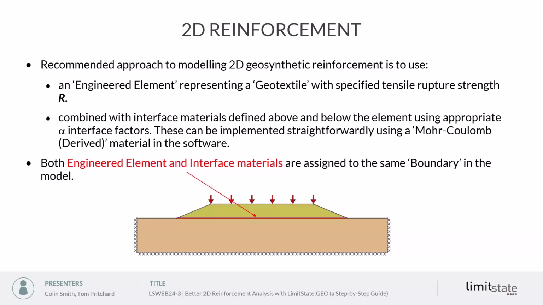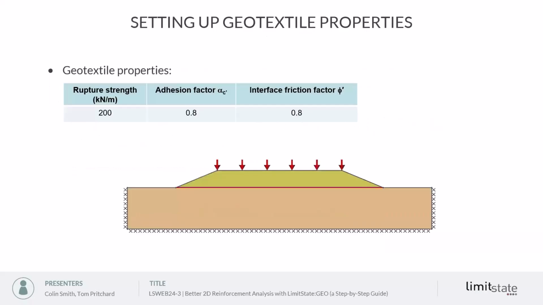And these are implemented using what's called the Mohr-Coulomb derived material in the software. And then we assign those to the same boundary, effectively the boundary between the embankment and the soft soil. So we'll show you how that is done in a moment. So just a reminder, these are the properties of the geotextile: rupture strength of 200, adhesion factors of 0.8.